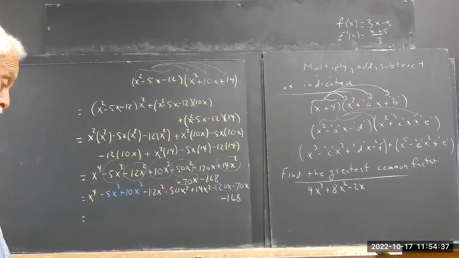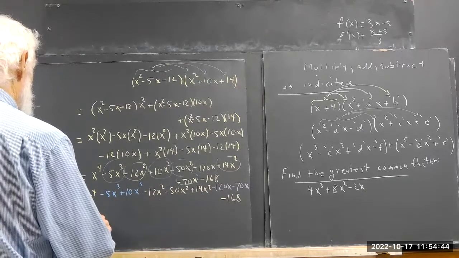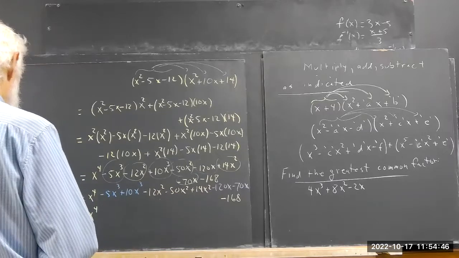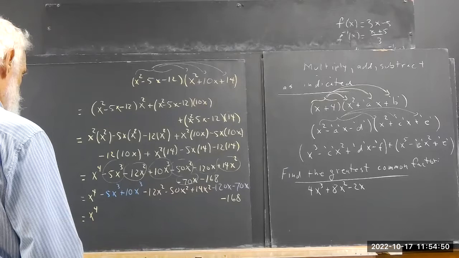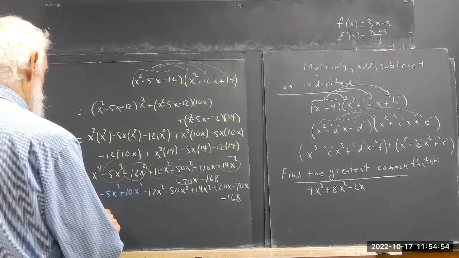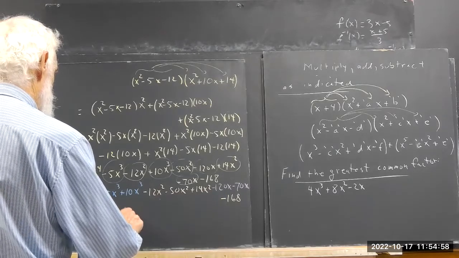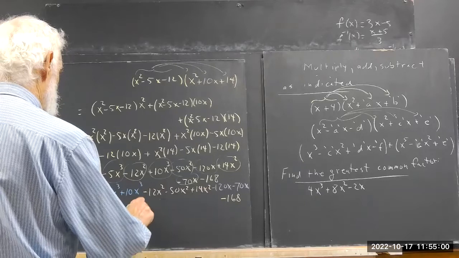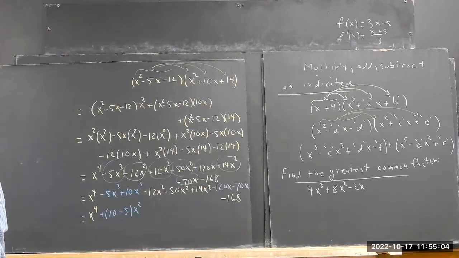Okay. Now what do we do? Well, let's do this in detail. We've got x to the fourth. Then what do we have? It's that plus (10 minus 5) x cubed, right?